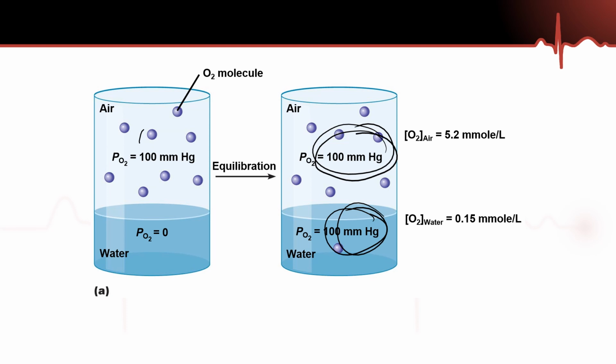The concentration of oxygen within the air is much higher than within the fluid when both of their partial pressures are exactly the same. All right, I just wanted to make sure to point that out before we now move on to carbon dioxide.